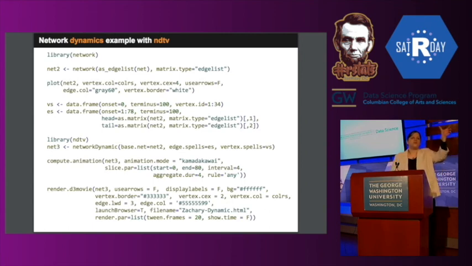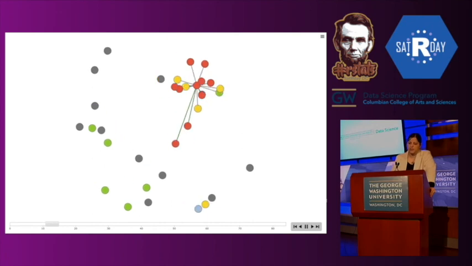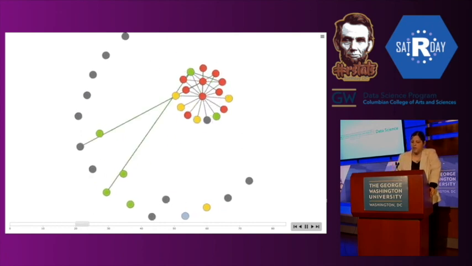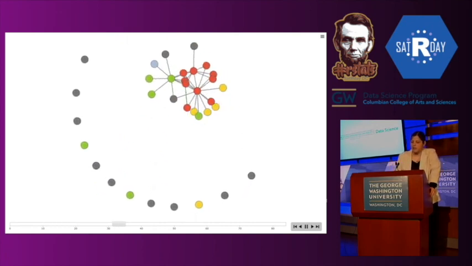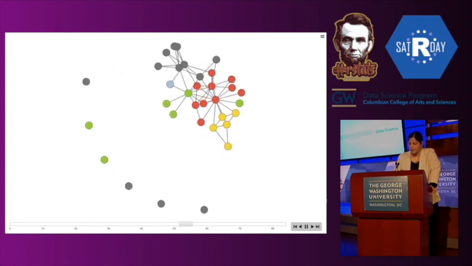So 1 to 4 is going to be the first thing that we'll see in the animation, then 5 to 5 plus 4, and so on and so forth. We'll show anything that happens between those time points. And what that ends up looking like is something like this. This is our same initial network. Now it's animated, and we're looking at it develop over time.